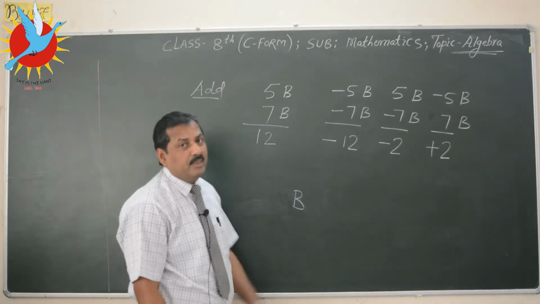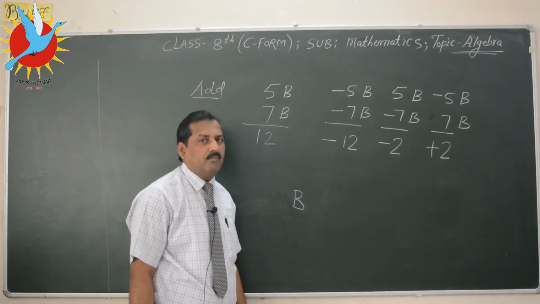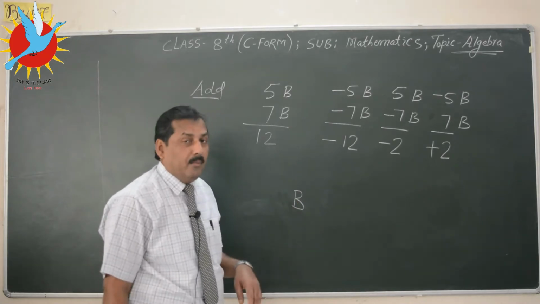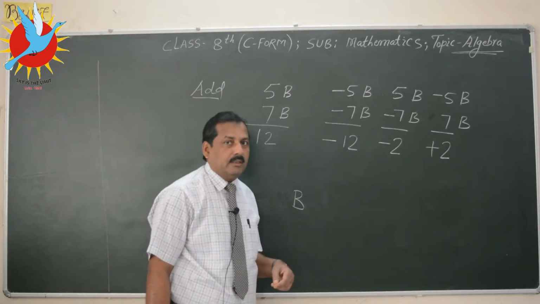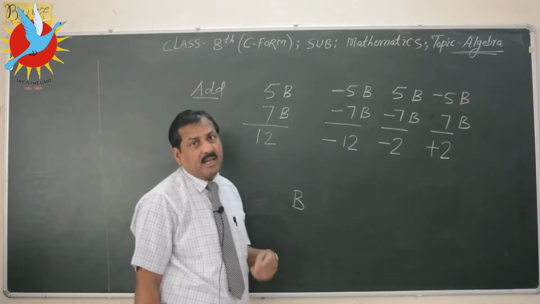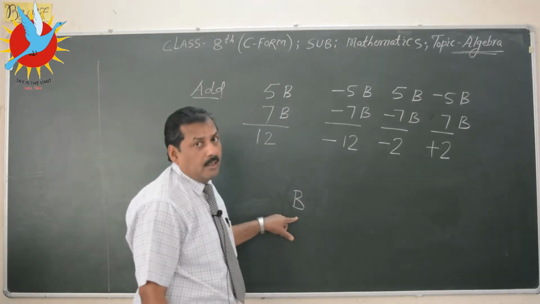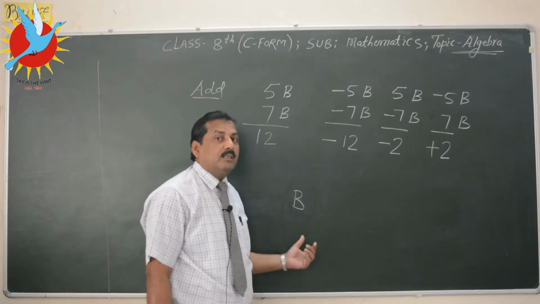We assume that B stands for the price of a book. The price may be anything, meaning the value of B may change. That price may be rupees 50, or rupees 100. So this symbol B is such that its value is not fixed.